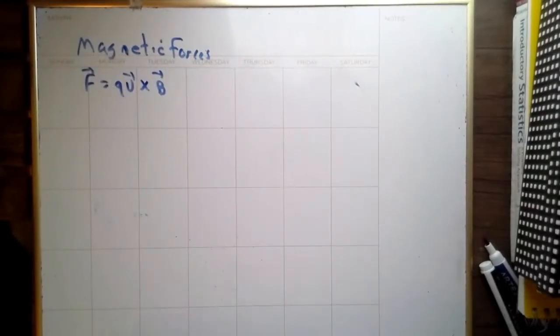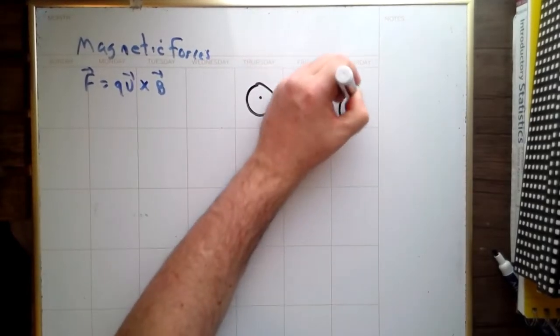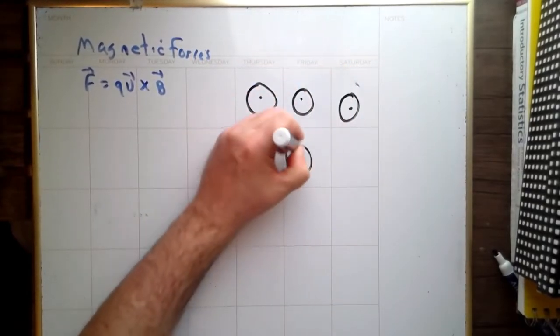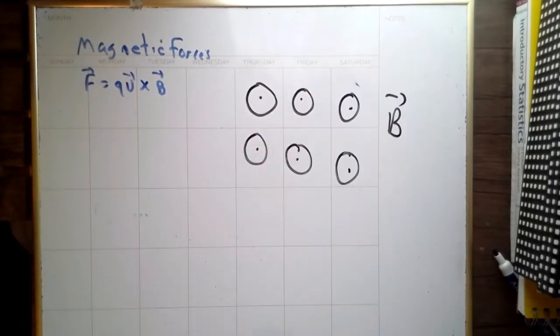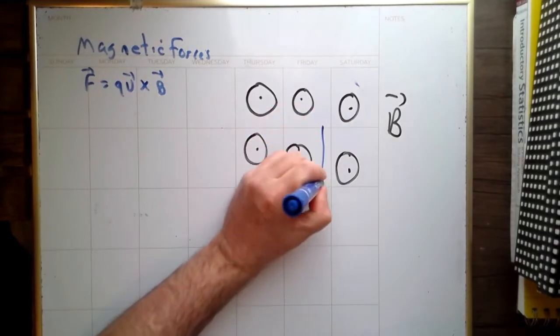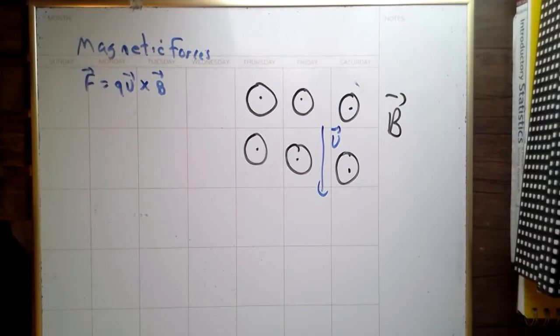What if we had a constant magnetic field that points out of the board? So here's B. And I have, oh, I don't know, let's say V is going down. And I want to figure out which direction F is in.